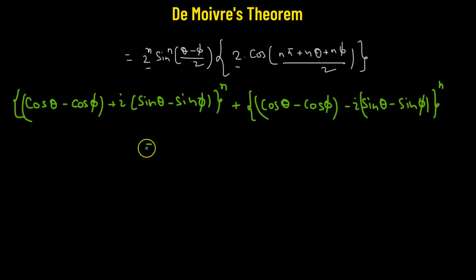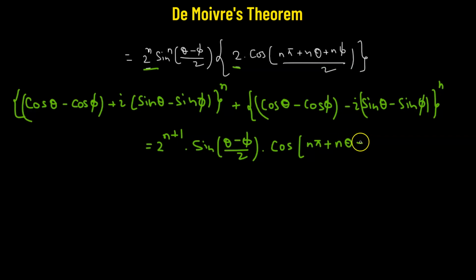So this came out to be equal to 2 raised to the power of n plus 1 multiplied by sine of (theta minus phi)/2 raised to the power of n, times cosine of (n pi plus n theta plus n phi)/2. So this is the simplified form.